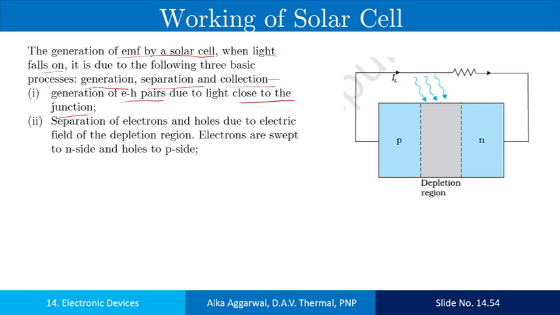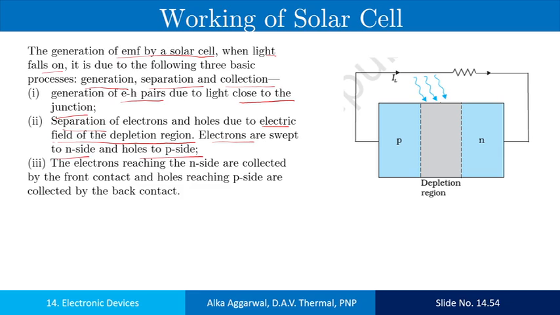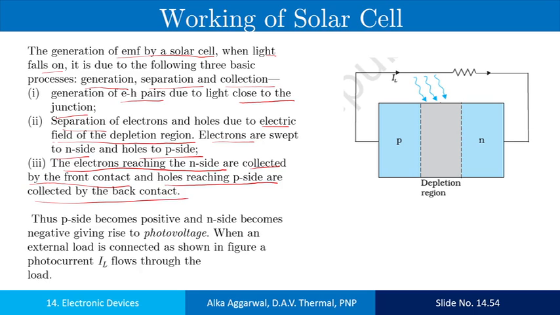These electrons and holes are separated due to the electric field of the depletion region. Electrons move toward the N side and holes to the P side. The electrons reaching the N side are collected by the front contact and the holes reaching the P side are collected by the back contact.